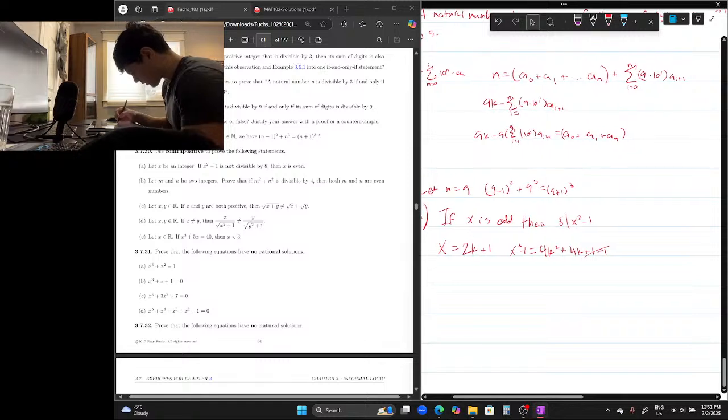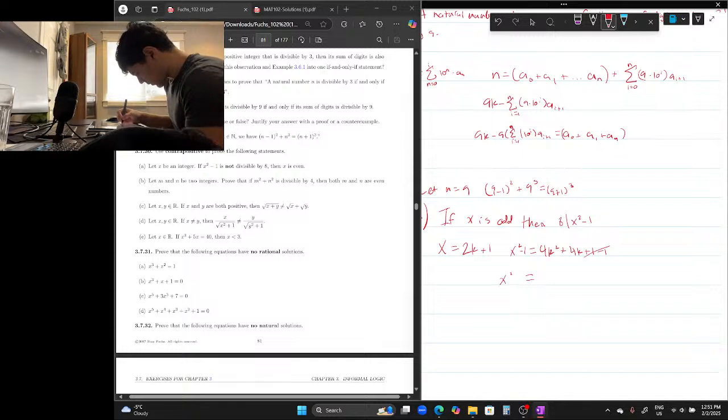Okay, so now these cancel out. We have x squared minus 1. We already know. So 4k squared plus 4k. Factor out 4k, and you get k plus 1.